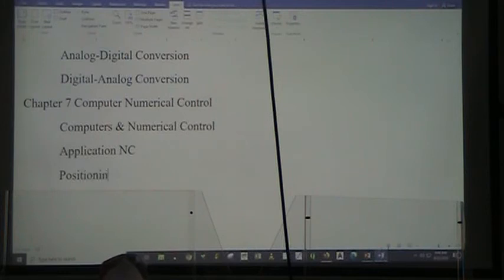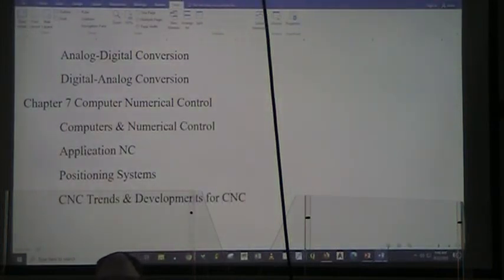Make sure you understand positioning systems and the trends and developments for CNC.